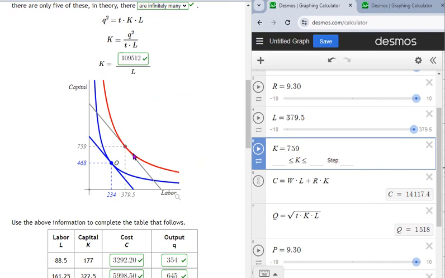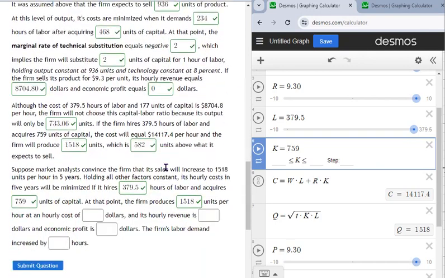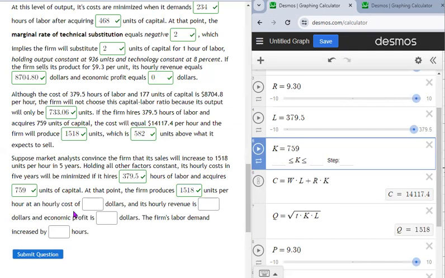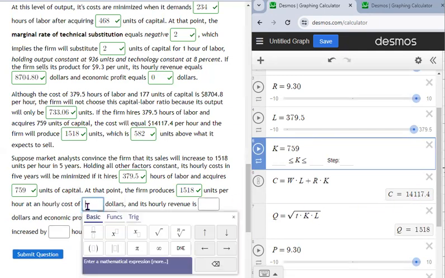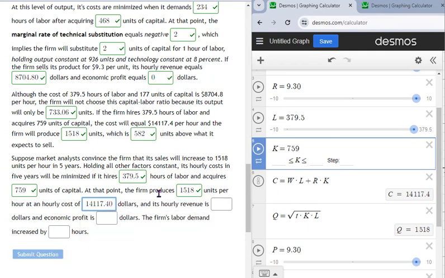That gray isoquant became a red one. This is its new isoquant at 1,518 units of production, and that's going to cost them, as we already calculated, $14,117.40 to produce those.